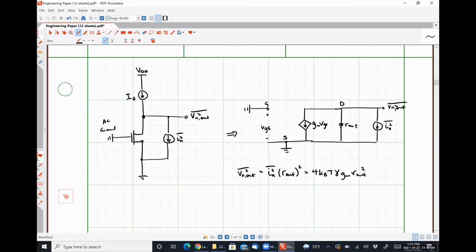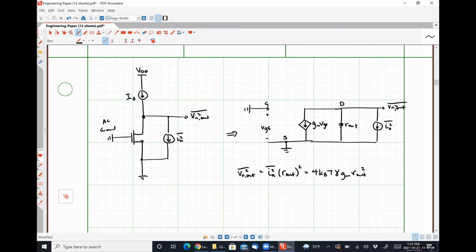Okay, so that's kind of interesting. So what can we say about the output noise here in this simple one-stage transistor amplifier? Do we have any control over Boltzmann's constant? No. Do we have any control over the temperature? Maybe a little bit, but generally speaking, this thing is going to heat up and be at whatever temperature it needs to be during its operation, right? We have some control over that output resistance, right? In this case, it looks like we would want to make it smaller to eliminate the noise.